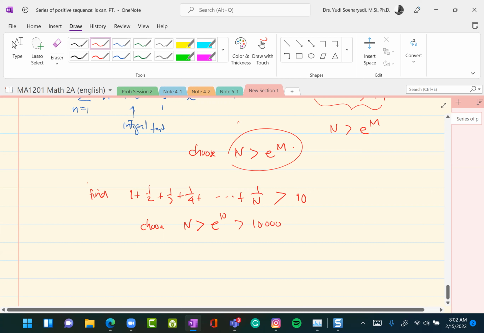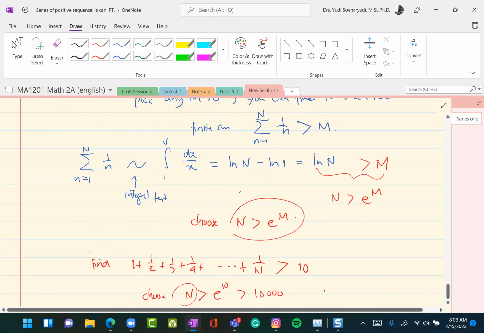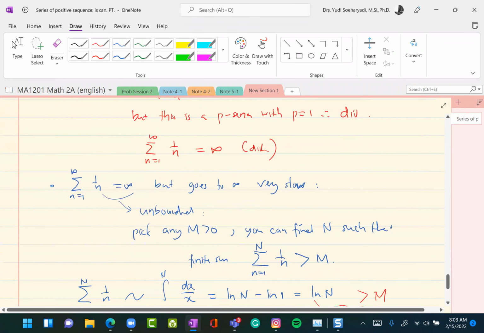That means this divergence is getting larger and larger, but it goes very slowly. It's going to infinity, but grows very slowly. So this just gives you an idea of the growth and decay.